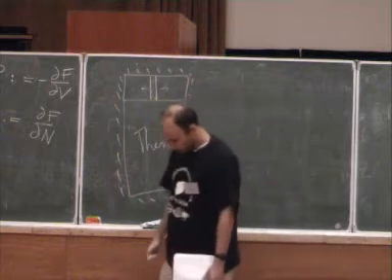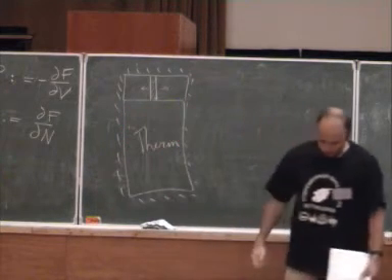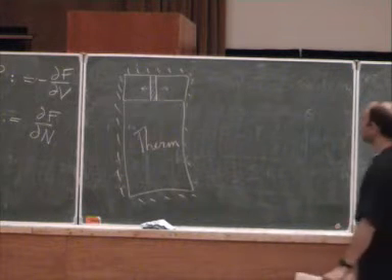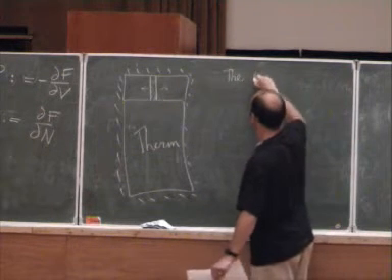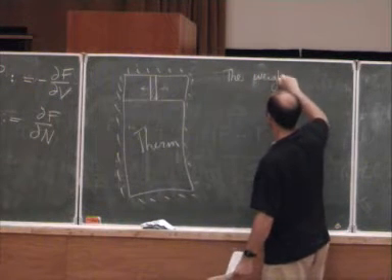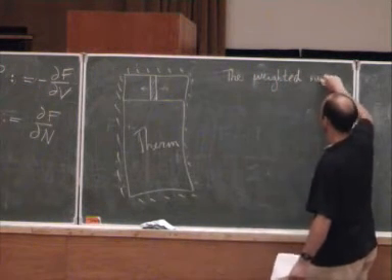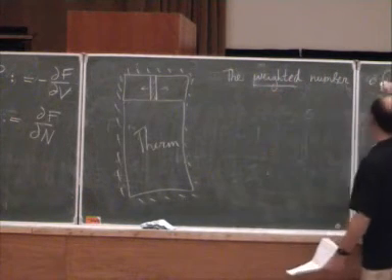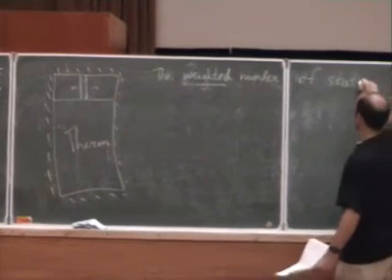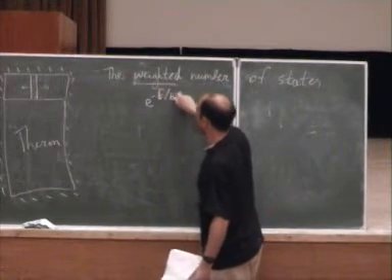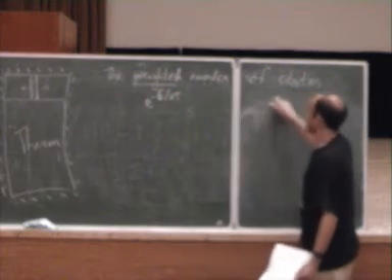And now we simply compute not the possible number of states, but the possible weighted number of states, with weight e to the power minus E over kT, is equal to Z1 times Z2.